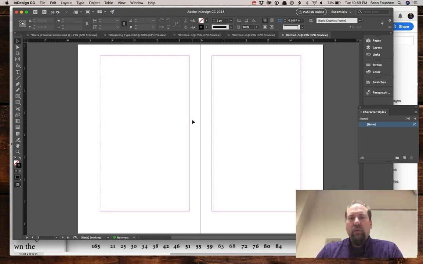They're side by side. Well, if one's 1/2 inch and the other one's 1/2 inch, what is that total? 1 inch. So if I look horizontally across my layout, I have 1 inch of space, 1 inch of space, and 1 inch of space.